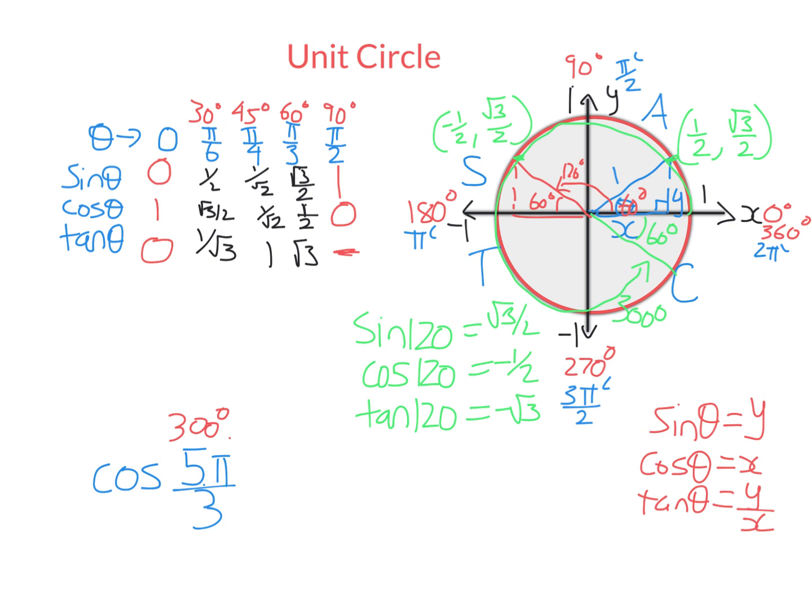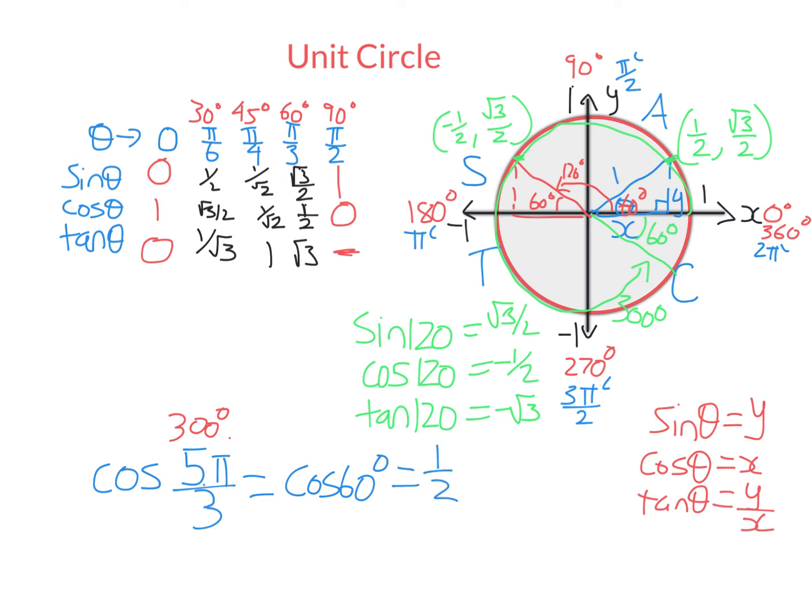So cos of 300 degrees, cos of this angle here, will be the same as cos of 60 degrees because this triangle here and this triangle here would be the same. So cos of 60 was a half. Cos of 300 is also a half.